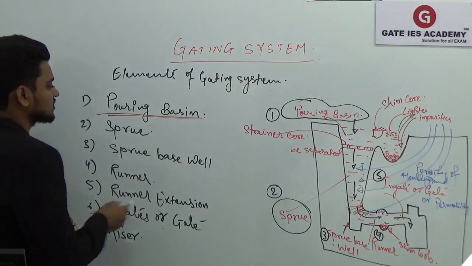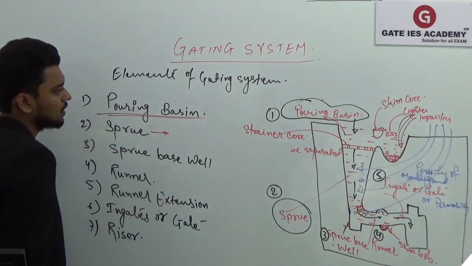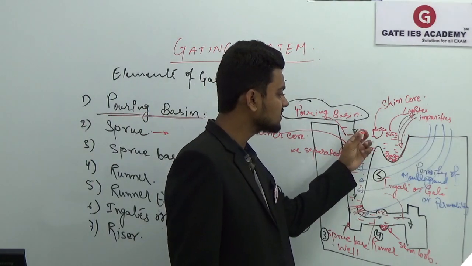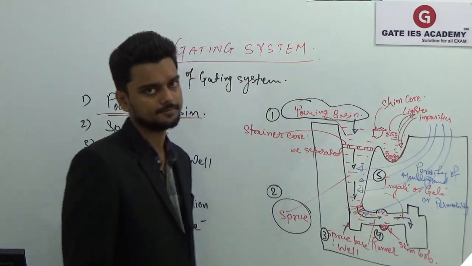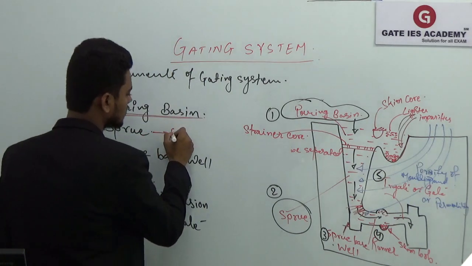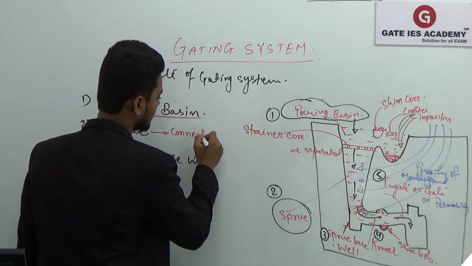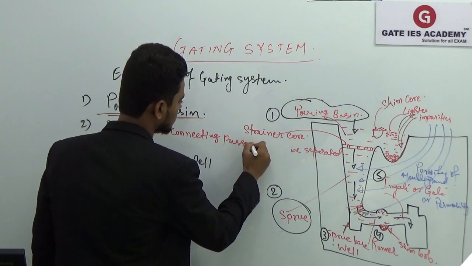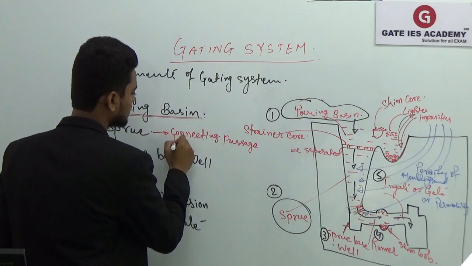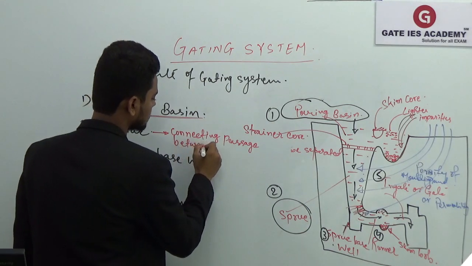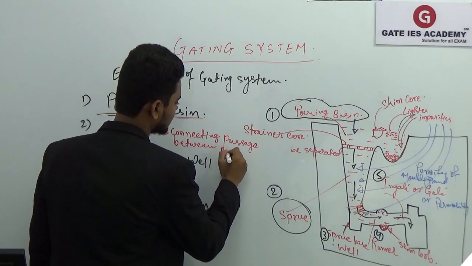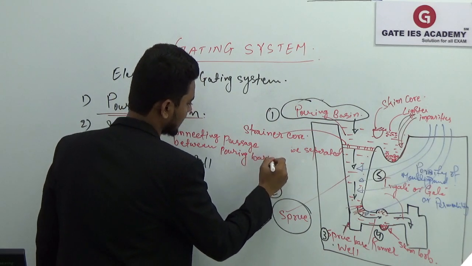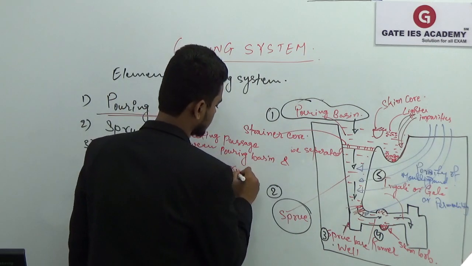Now then we have the sprue. A sprue is nothing but a connecting passage between your pouring basin and the runner.